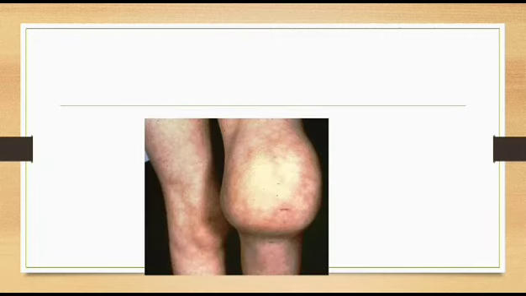This is a knee. Weight-bearing joints in particular, like the knee, are more prone to suffer bleeding because of the excessive movement and excessive pressure and weight on this joint.